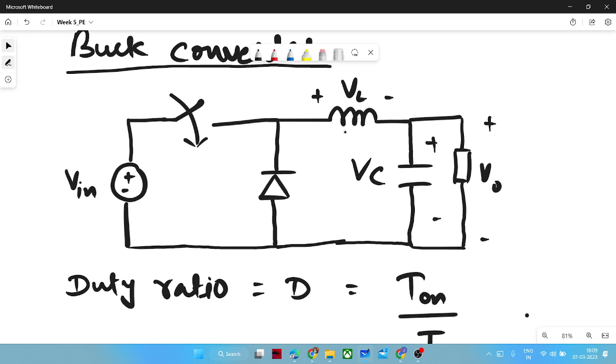So let us suppose this is VL. If this switch is on for a particular condition, let me copy the circuit.